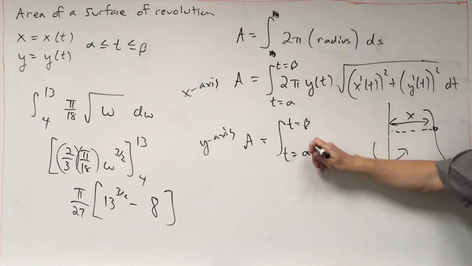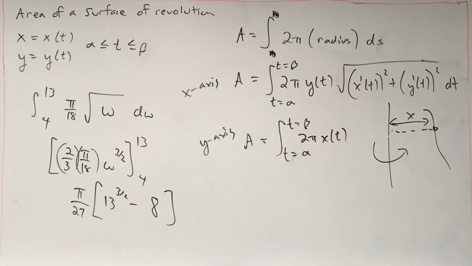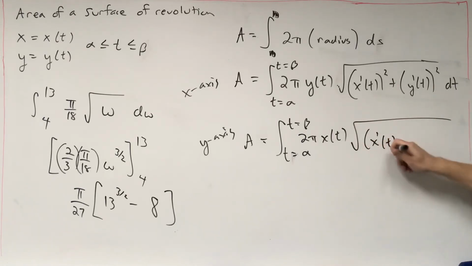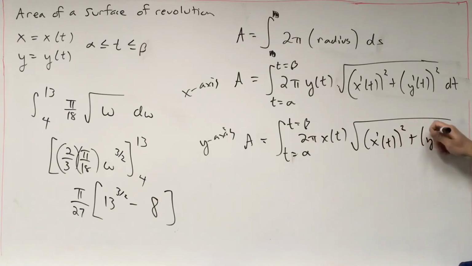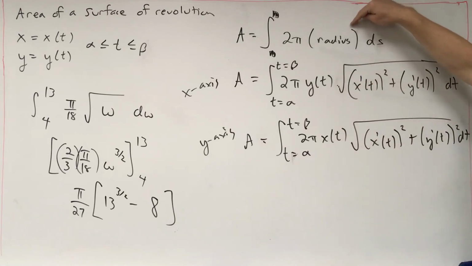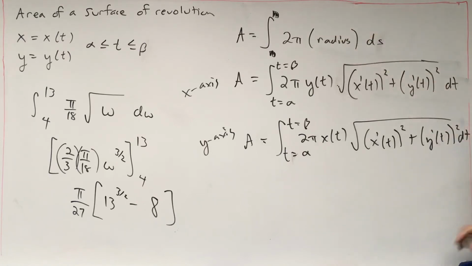And so in those situations, you're going to want 2 pi times x of t, and then ds. And in this case, the ds is identical to before. Okay, and so we're just starting to get into the variety you might see, but once again, we're going to have a couple more formulas here. It's better to remember this general formula and then figure out what is the radius in your situation.